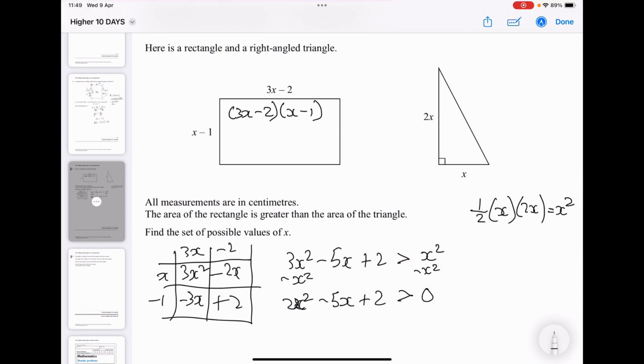If I factorise this, 2 times 2, I need two numbers that multiply together to make 4 and add together to make minus 5. Well, that would be minus 4 and minus 1.